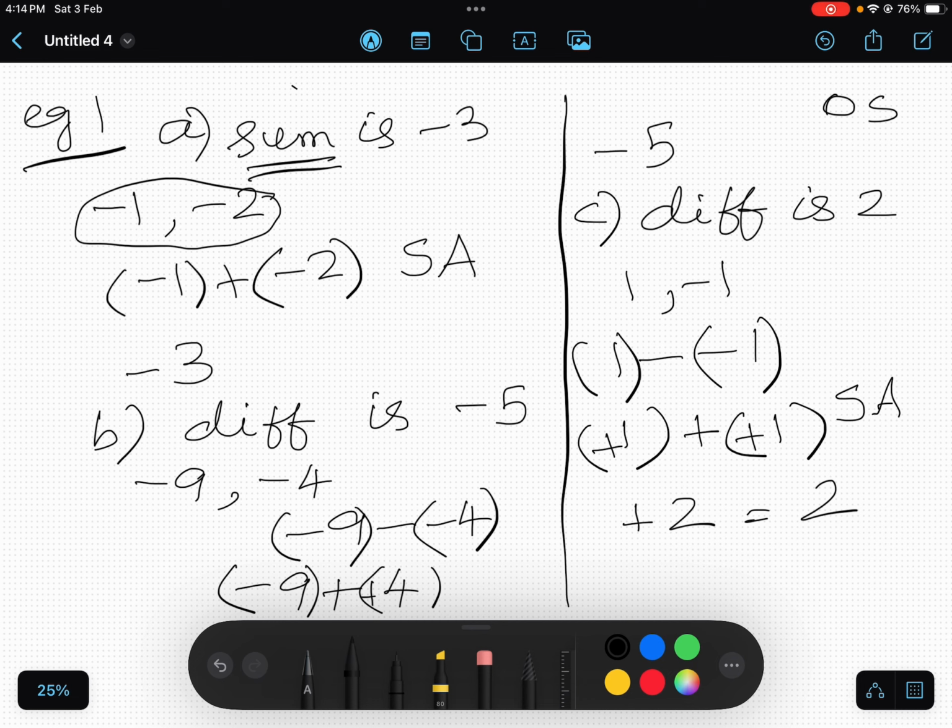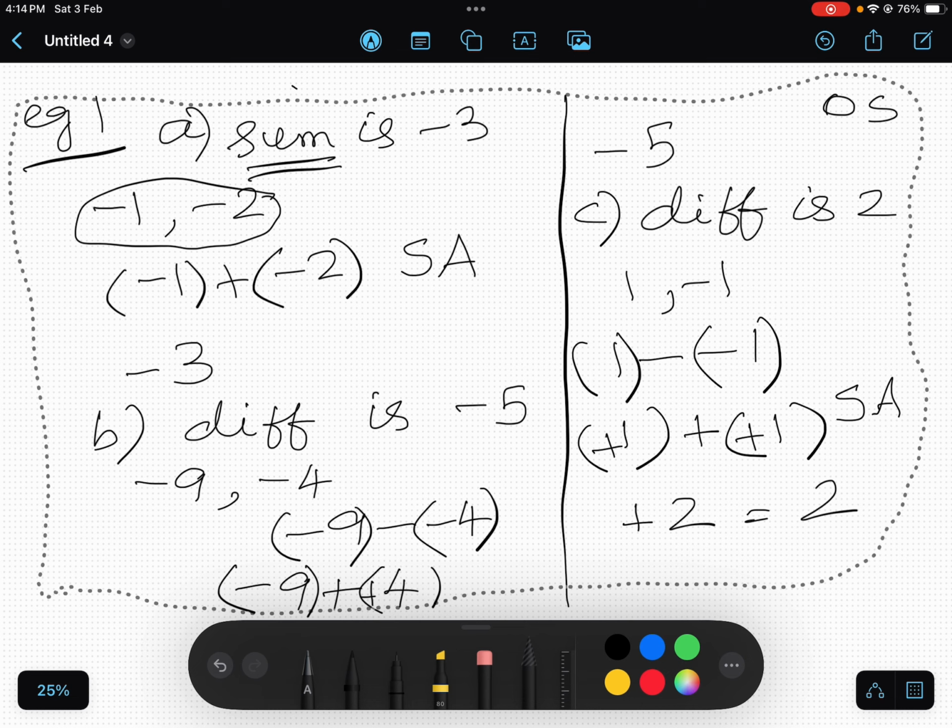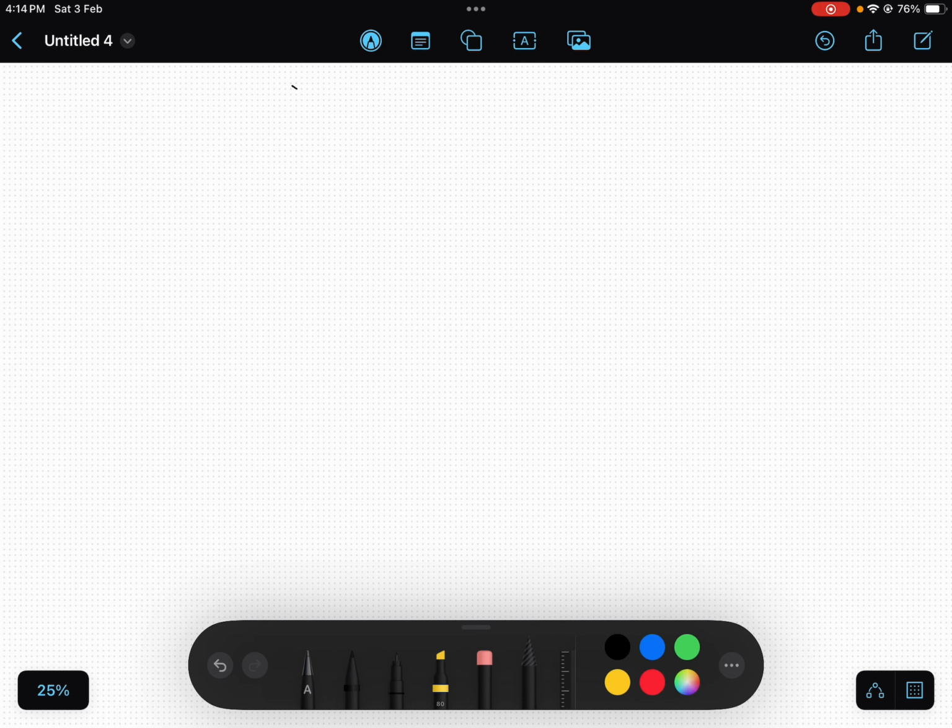Now let us look at the D part. It is given as sum is 0. So I took 5 and minus 5. So let us see how it works out. Whichever pair of integers you select, please check it and see.